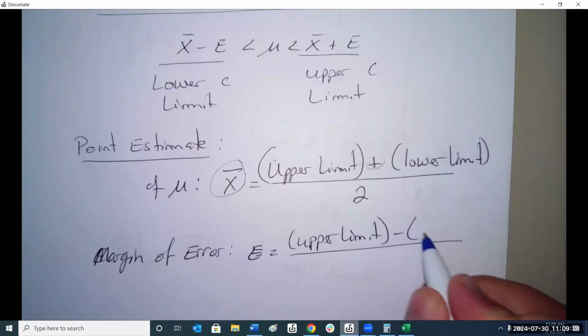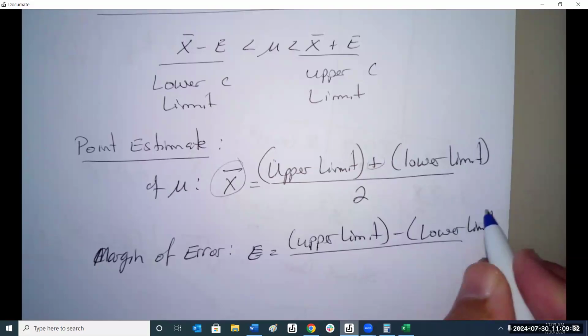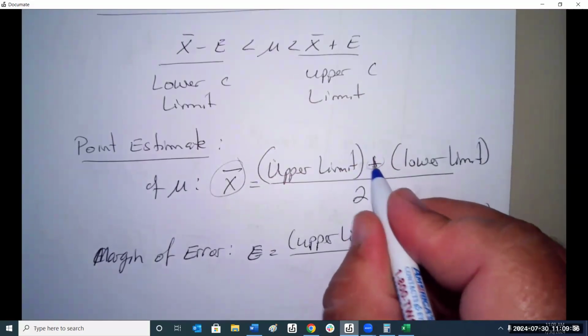Upper limit minus the lower limit, divided by 2. So the only difference is the signs between there.